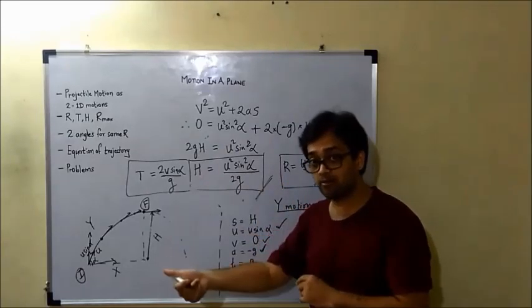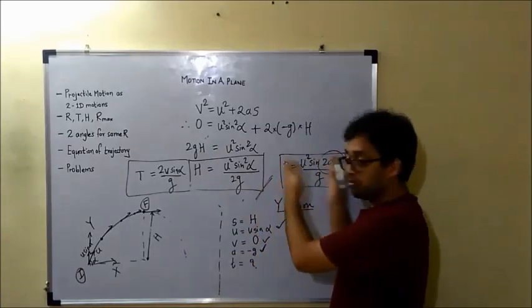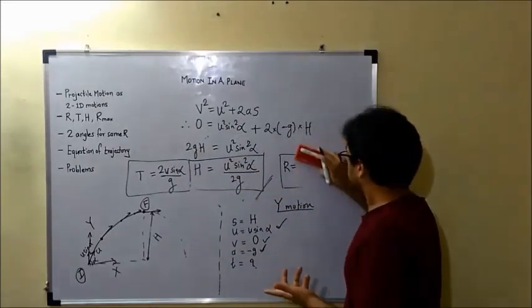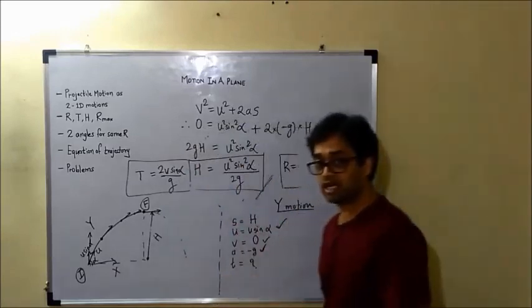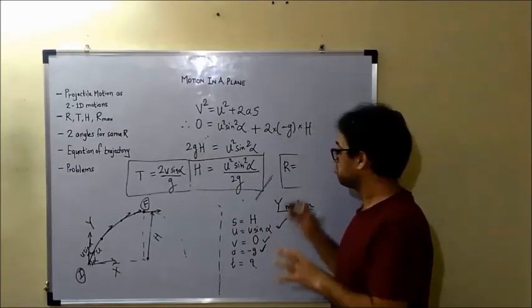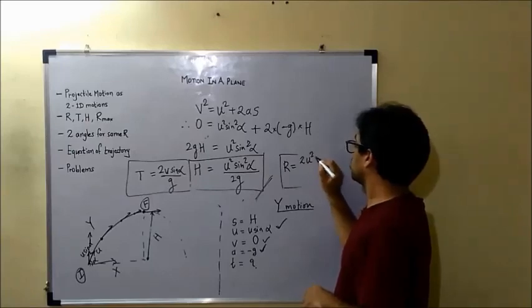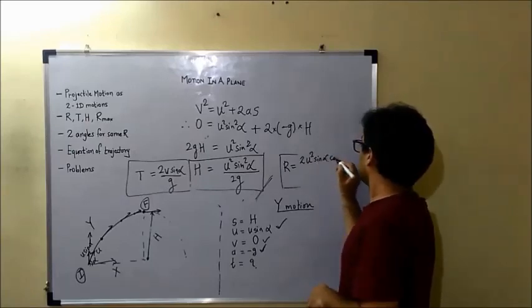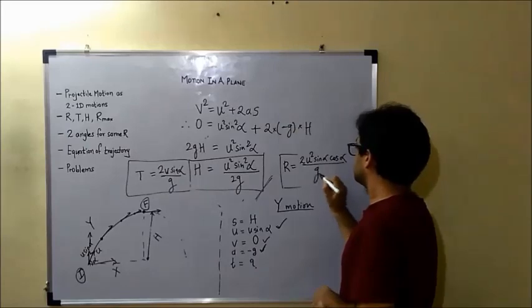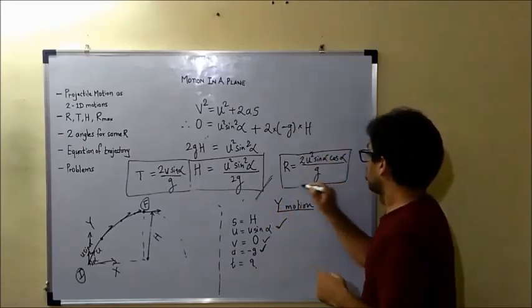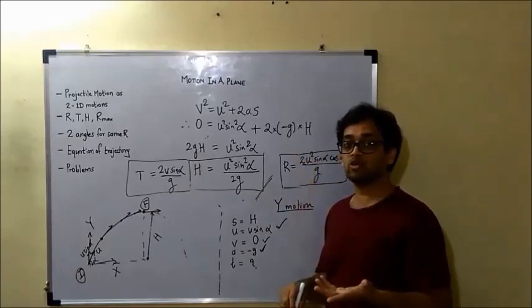But remember, we had one more formula for this, which was a bit simplified than this. So let me write that formula, because you don't know what is sine of 180 degree. Though I know that, it's not in scope as of now. So what was the earlier formula? It was 2u square sine alpha cos alpha divided by g. Just refer back to when we derived it. Now plug in alpha is equal to 90 degree.